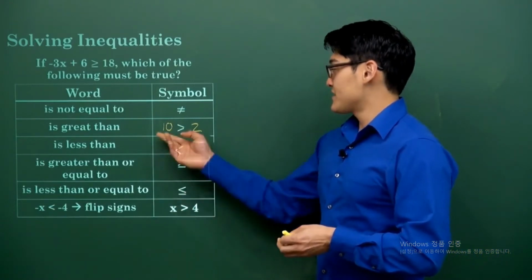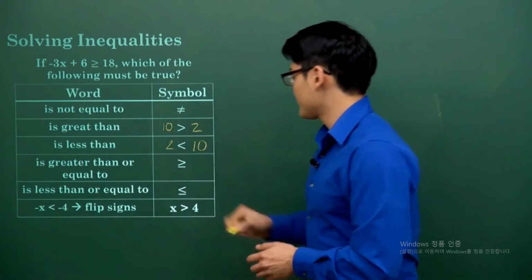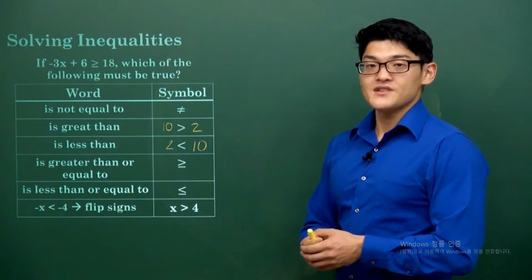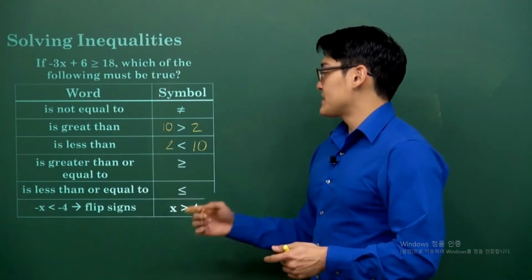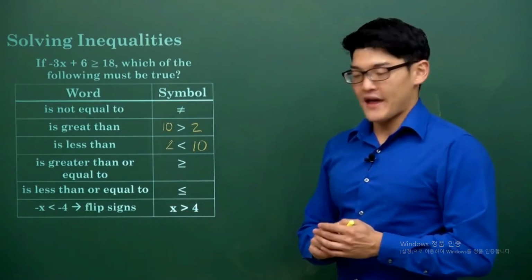Less than, we'd flip it like this. 2 is less than 10. And when you see a line underneath, this means is greater than or equal to. So be aware of that.